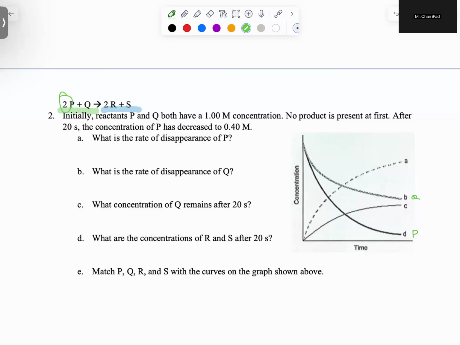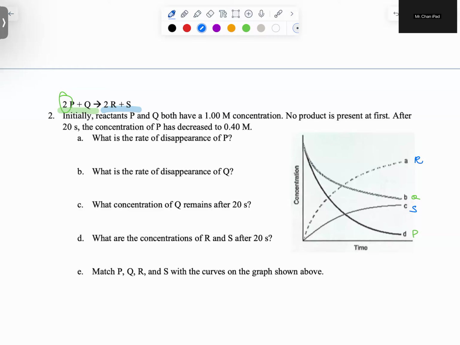That means the consumption rate is going to be twice as much as Q. So that's why P should have a much faster drop in concentration. For the products, A is going to be R and C is going to be S for the same reason. The concentration shall go up over time. And since there's a coefficient of 2 in front of R, the production of R should be pretty high.